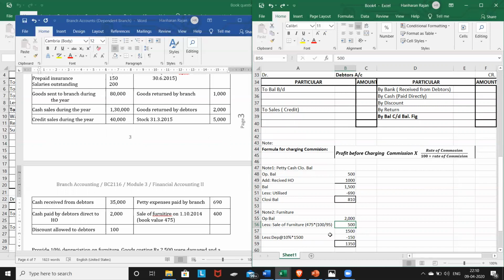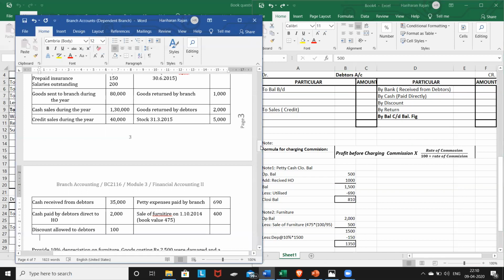150. I am not charging or recording depreciation anywhere in the branch account. I can only record the closing. That's why I am removing the depreciation here also. To remove the depreciation, I made it 100%. Then I had to consider the final closing value of the asset. If you remember, we have also discussed a note on this.